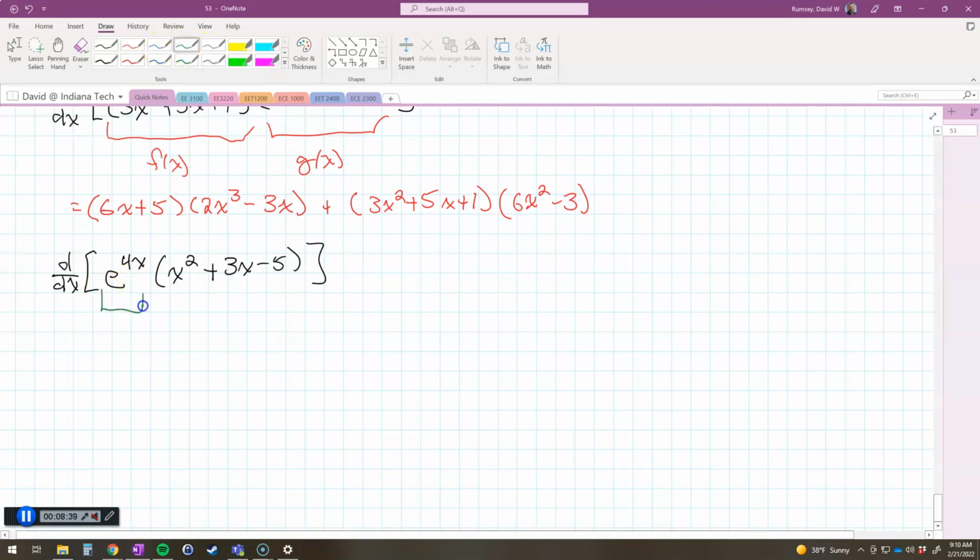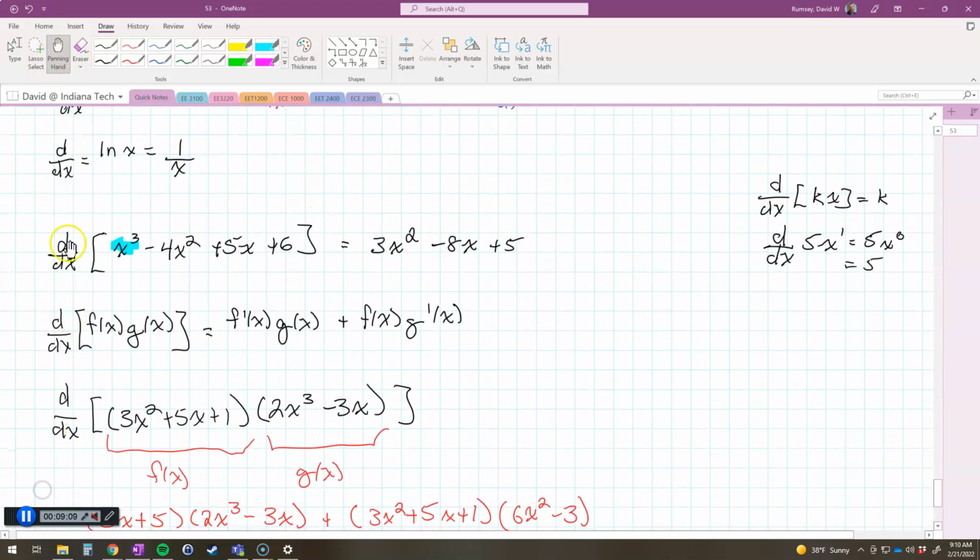My f at x here, this is my f at x, and this here is my g at x. And there is absolutely no way to do the derivative of this without using the product rule, because you can't multiply this out. Well, I mean, technically you could multiply it out, but it would be stupid to do that, because you'd just have to use the product rule 3 times then to take the derivative. There's no way to multiply it out and get a nice polynomial. So let's just go through the rules here.